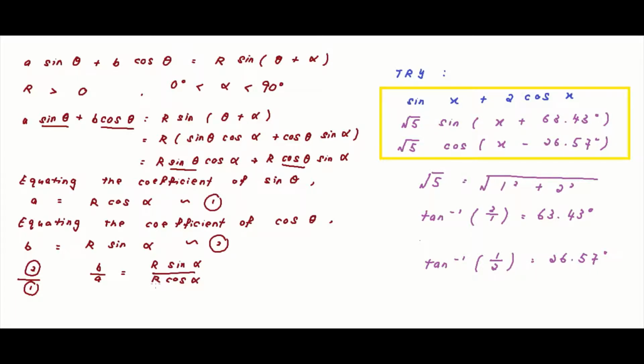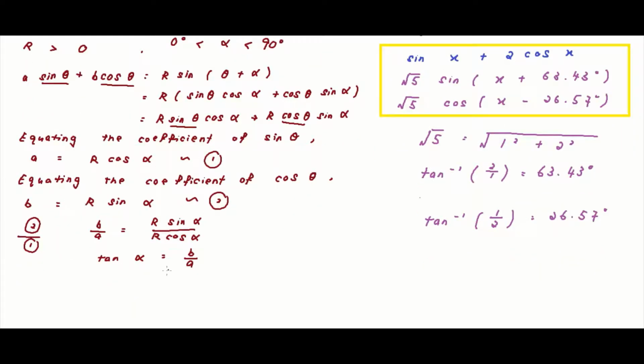R and R cancel each other, so what do I have left? I am left with tan alpha equals B over A. The objective is to find the formula for alpha, so my alpha will equal inverse tangent B over A.